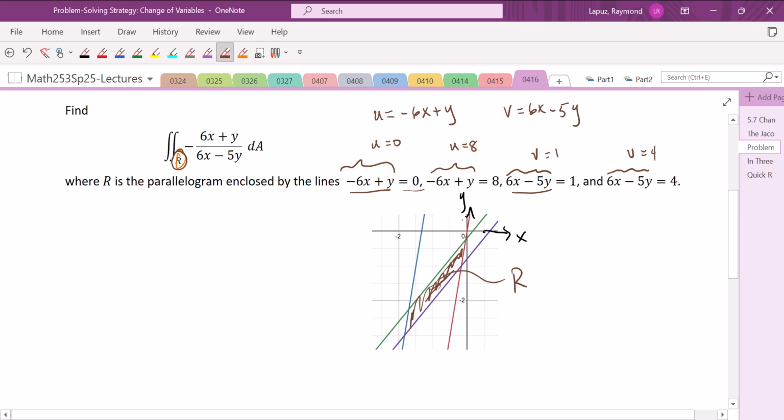So that actually, without doing what I did before, because before I would find these corners over here and try to map it back, right? That gets a little bit complicated. So now, with this information, I literally can just say on my UV plane that U is going to go from 0 to 8, and V is going to go from 1 to 4.